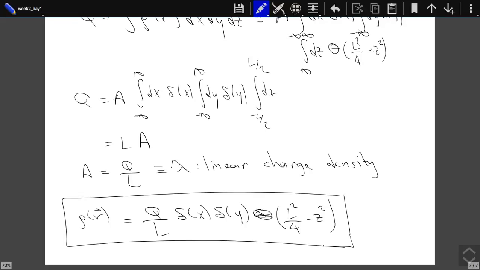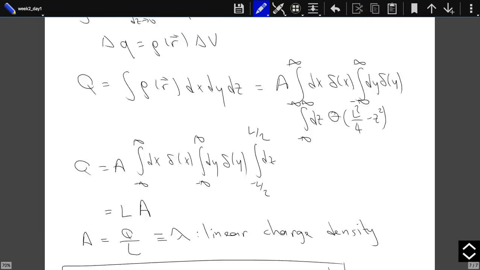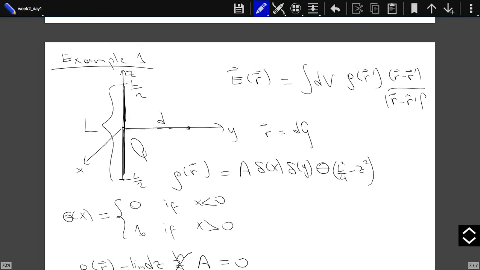Now, basically, we are done. We know the charge density. We know the expression for the electric field. In fact, if you can evaluate that integral, we know the electric field at every point, not just a single point.